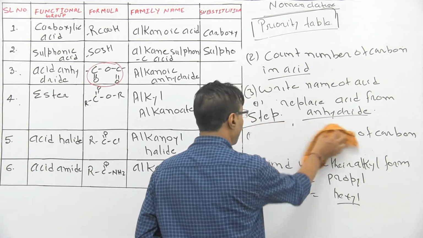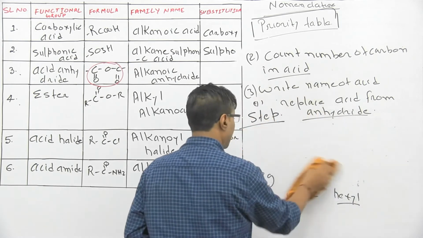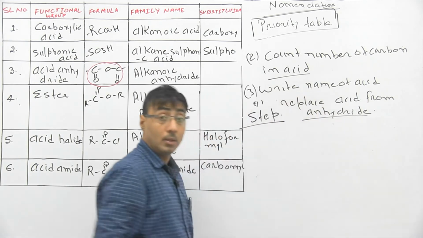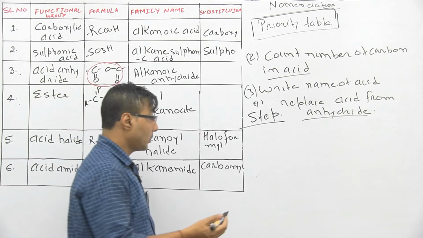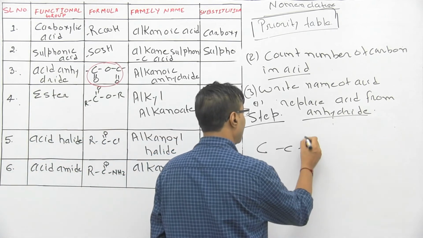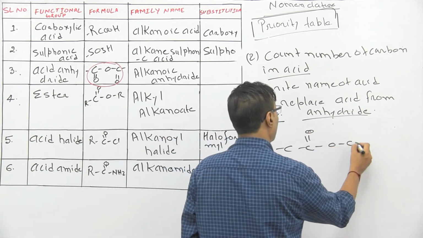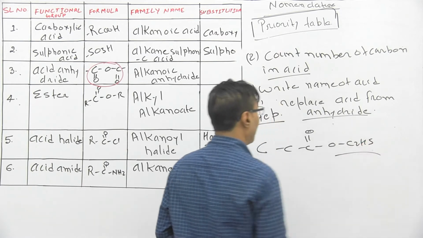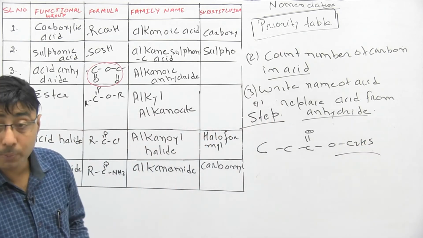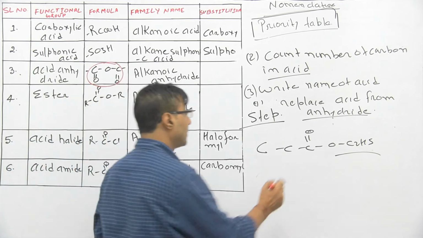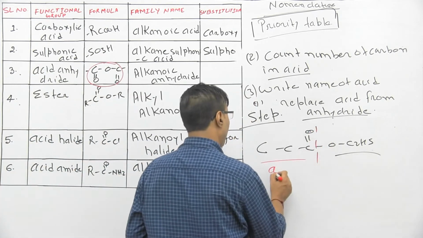Let's write another example of this. And what can be the example? Suppose we are writing C double bond O, single bond O, C2H5. Then which part is from acid, which part is from alcohol? This double bond part is from acid.